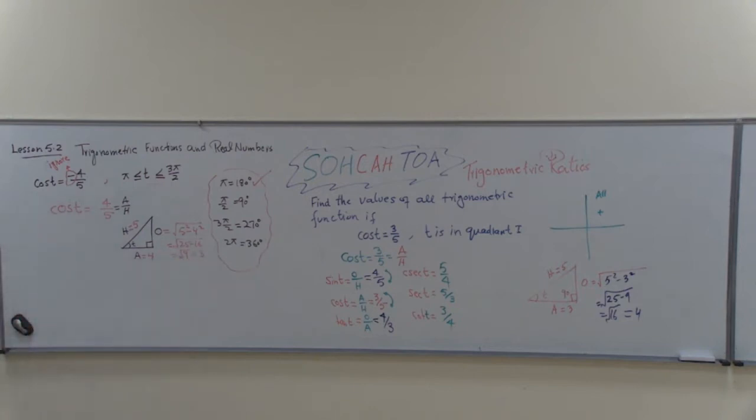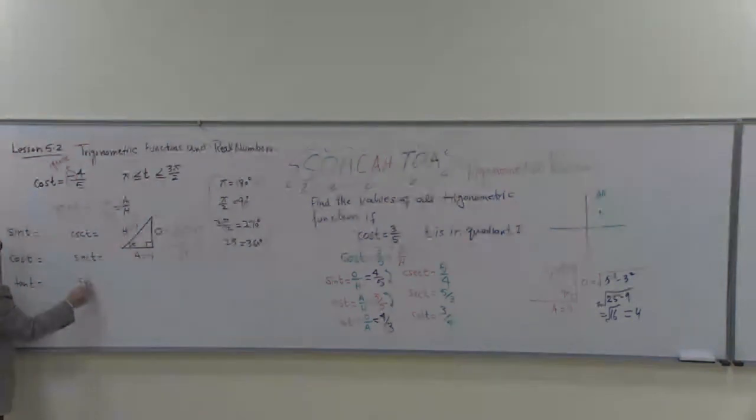Now write down the 6 trigonometric functions over here. Write down sine t, cosine t, tangent t. Its opposites, cosecant t, secant t, cotangent t.